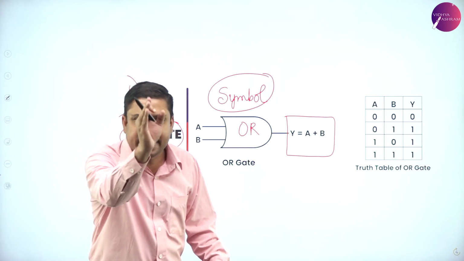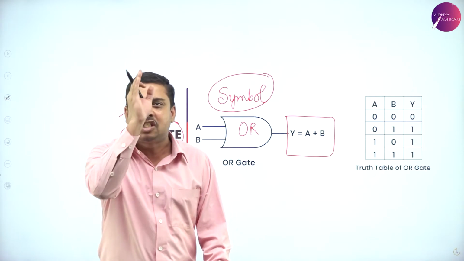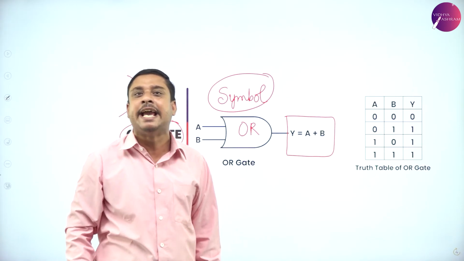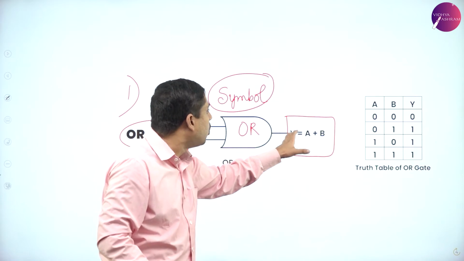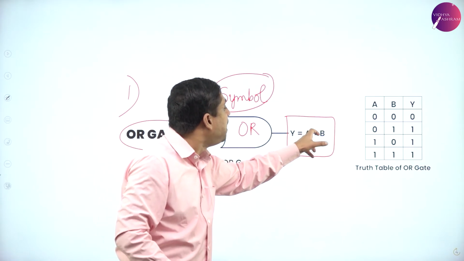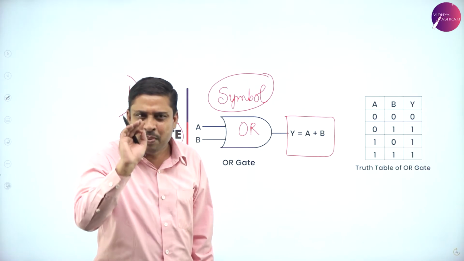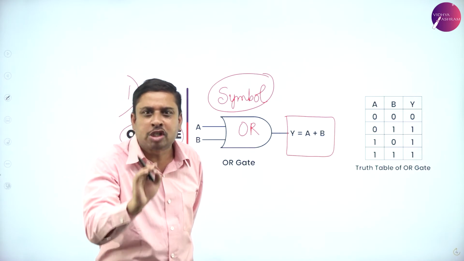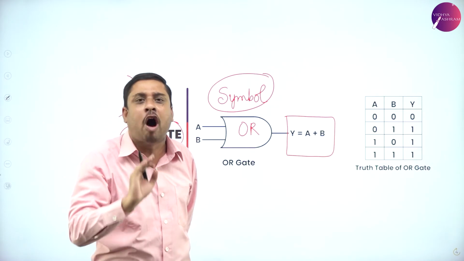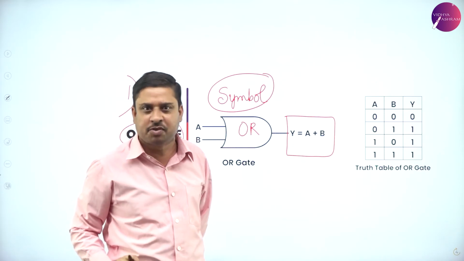Observe this very, very carefully. You should not read it as Y equals A plus B. That plus simply shows the mathematical operation it performs.